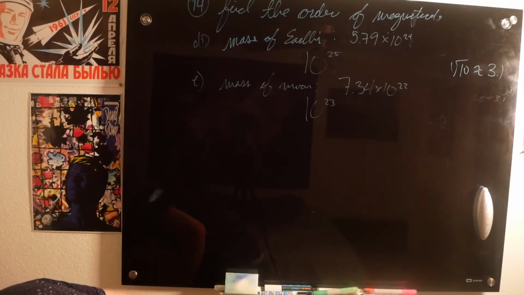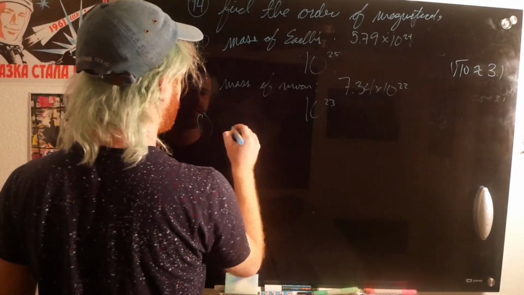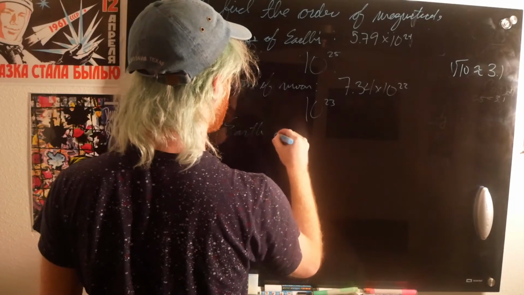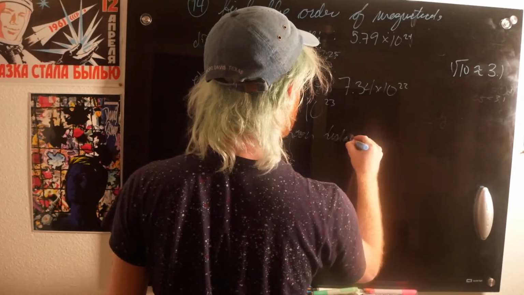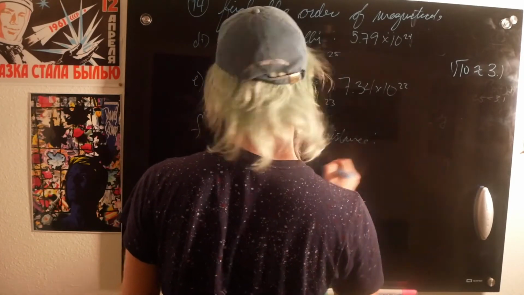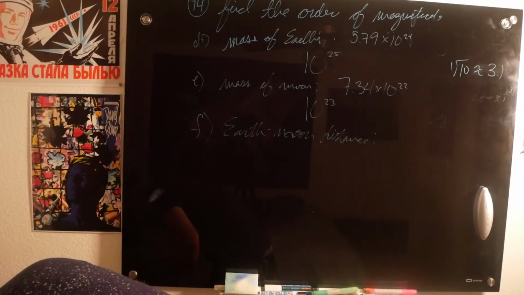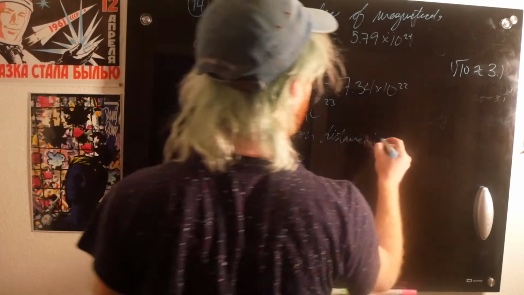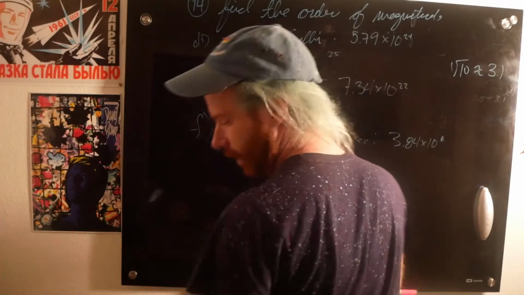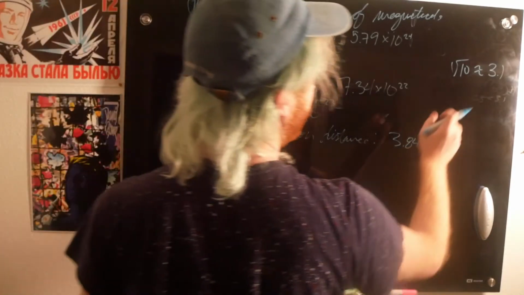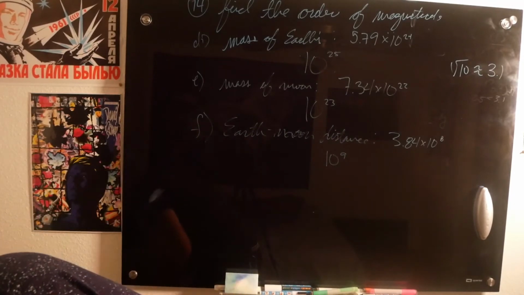10 to the 23rd, okay, so F is Earth-Moon distance. And that is going to be 3.84 times 10 to the 8th. And that is going to be greater than 3.1, so we're going to estimate 10 to the 9 here. Round up.